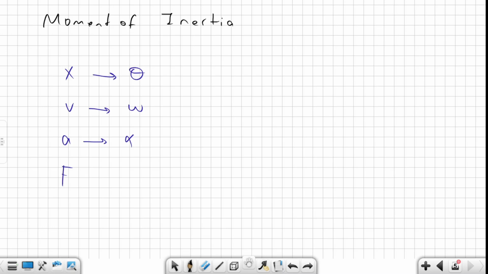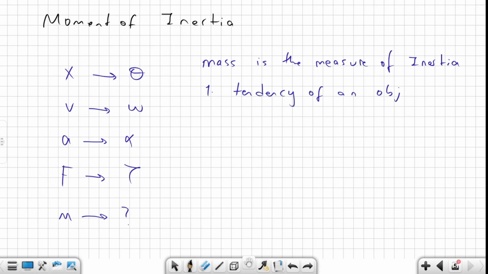Instead of force, we had torque in chapter 2. We said that torque is the rotational analog of force. So what is the rotational analog of mass? Why mass? Because mass is the measure of inertia. So what is inertia? We learned inertia from Newton's first law, so we can define inertia as the tendency of an object to preserve its state of motion.